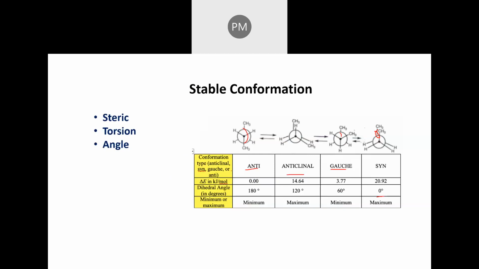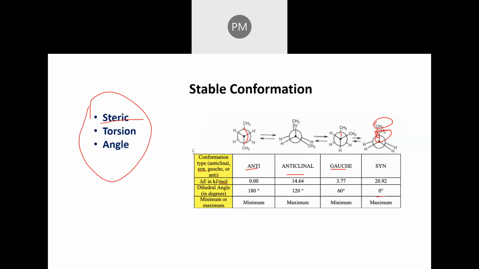After that we have to understand why some conformations are stable and some are not. We have to know the steric factor. The destabilization of any conformation is due to one factor, the steric factor. Steric means when the dihedral angle is 0 degrees, the two methyl groups are close to each other.